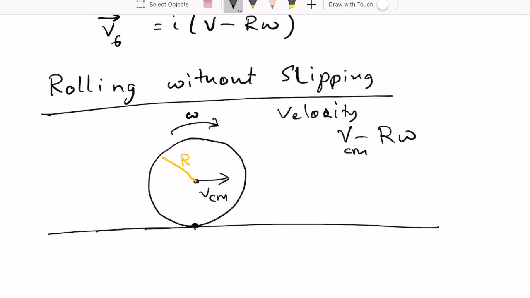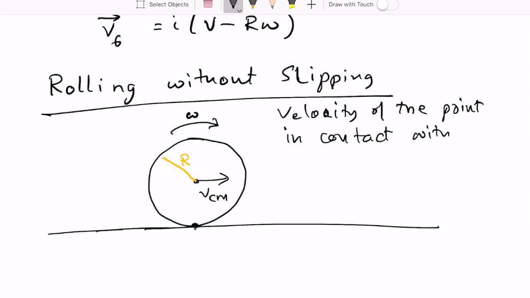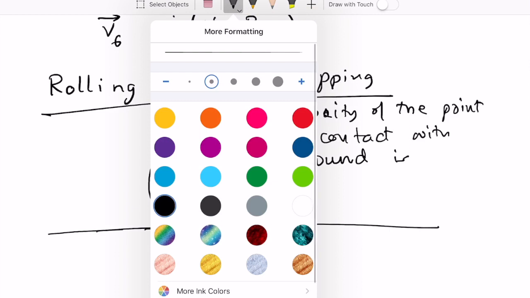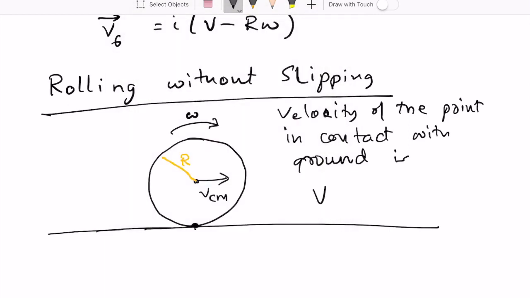So the velocity of the point in contact with the ground is what we just calculated earlier, and that's vcm minus r omega, right?